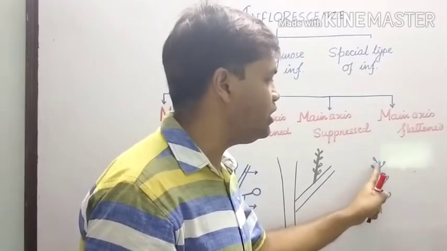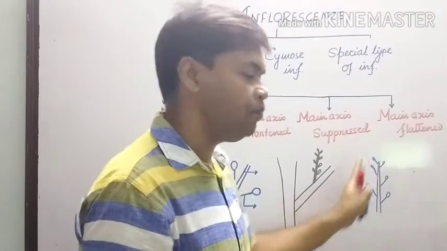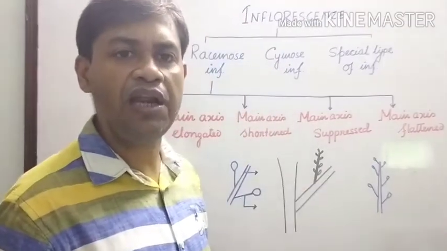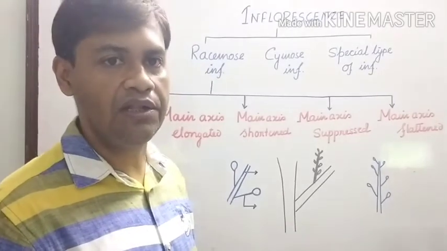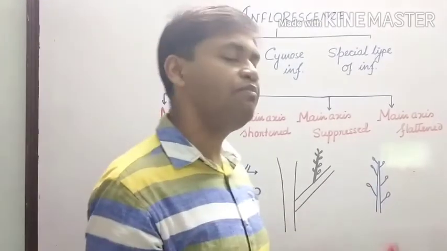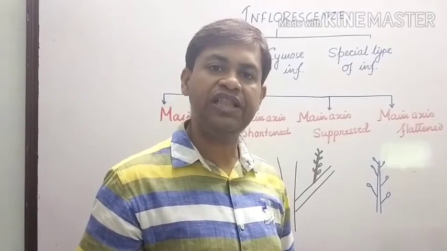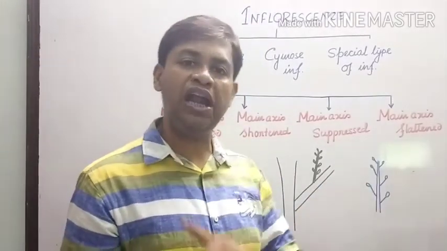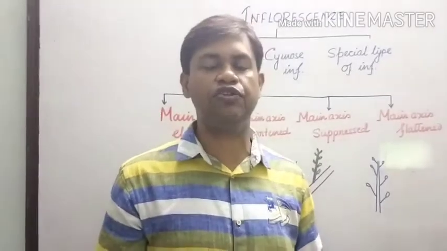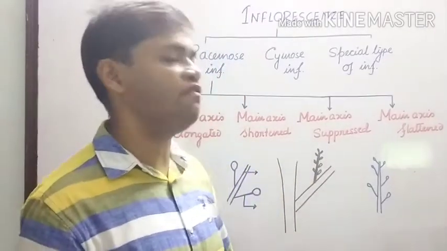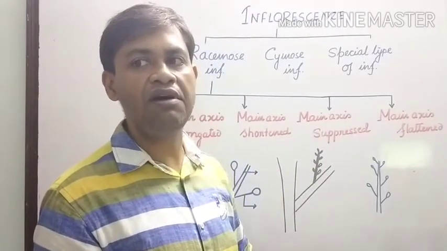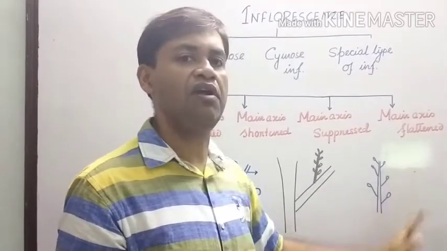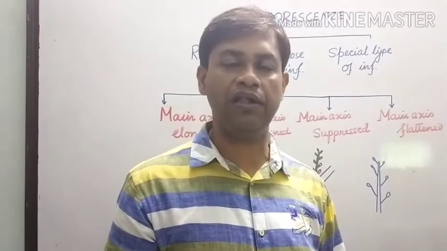Main axis টা continuously elongate হতে থাকে by giving rise to the lateral flowers in the acropetal succession. I repeat, racemose inflorescence is that type of inflorescence where the growing point never gets stopped by the production of a flower, rather continuously goes on elongating and giving rise to the lateral flowers in the acropetal succession.